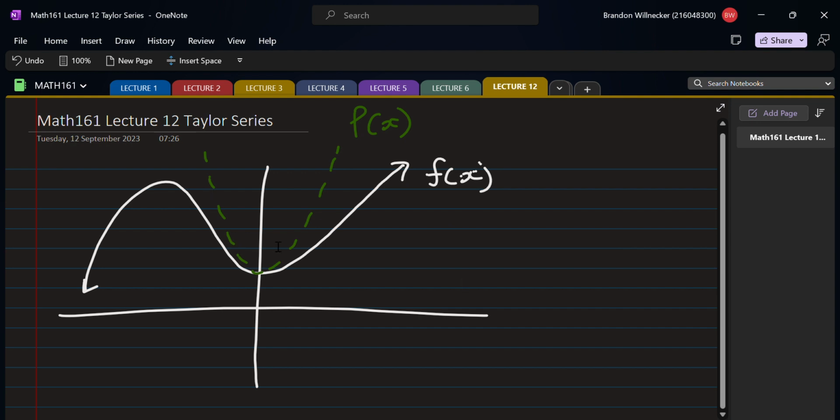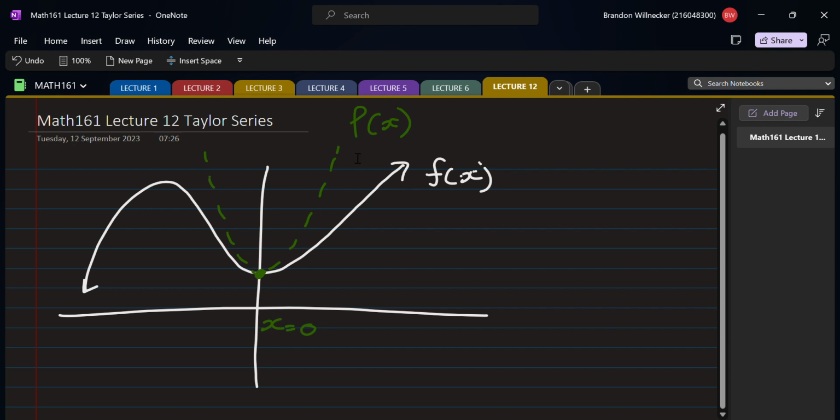What we want to do is approximate this function, let's say close to this point at x equals 0, via a polynomial. So here we have a second order polynomial p, or a quadratic polynomial, and we see that it approximates the function close to this point.